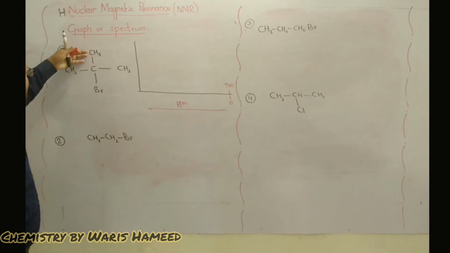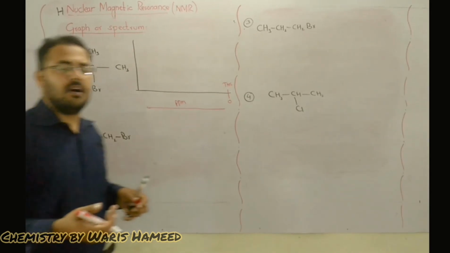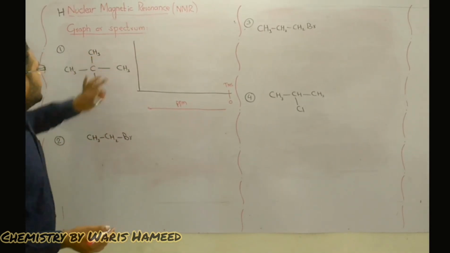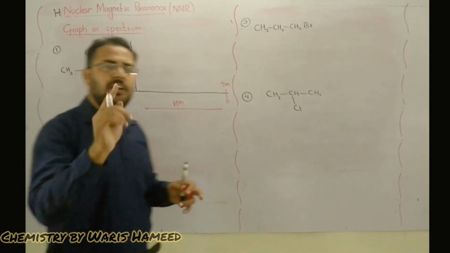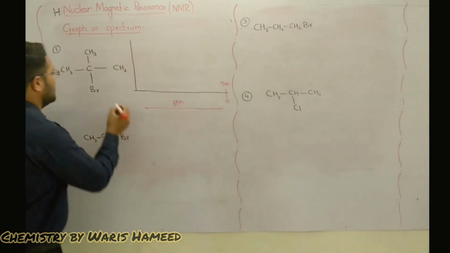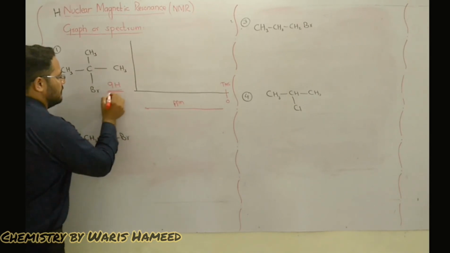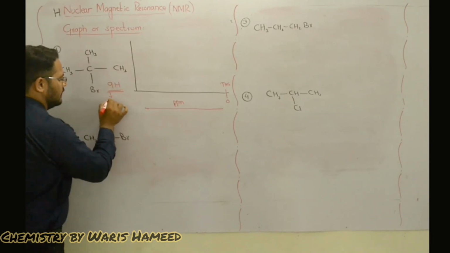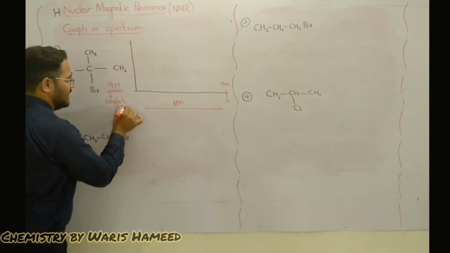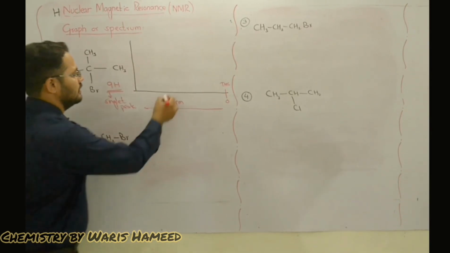In this carbon, there is also a carbon linked by another carbon having no proton. So, these are 9 protons having a similar environment. So, these 9 protons will have a singlet peak, but it will be intense.